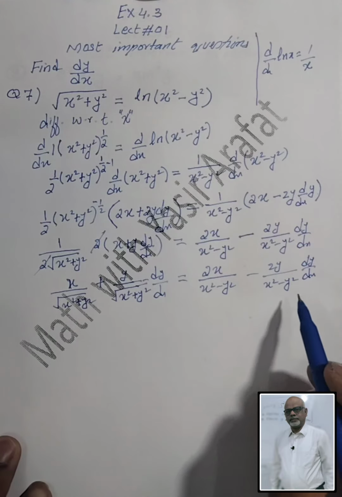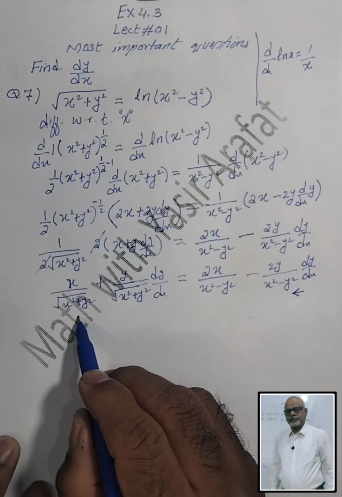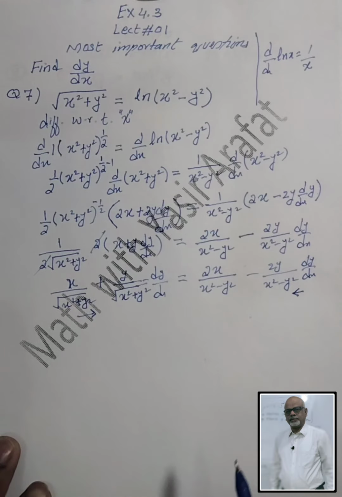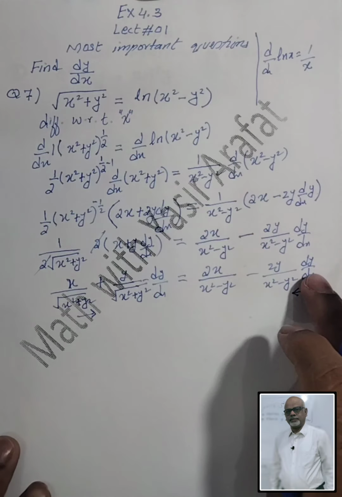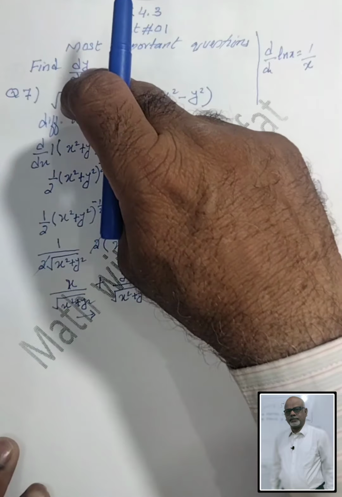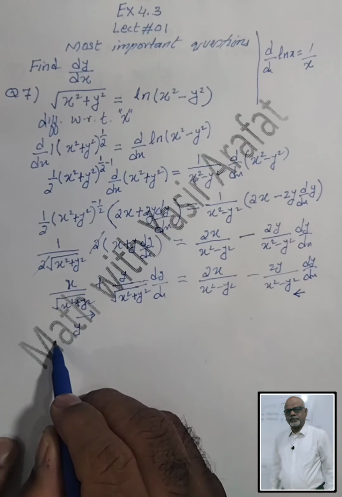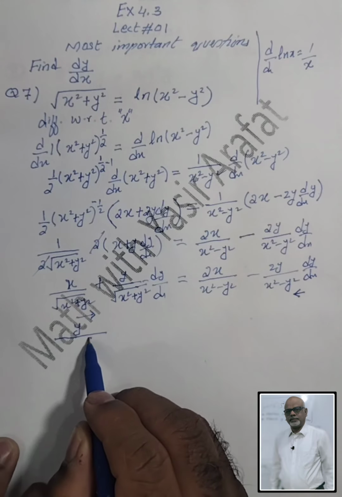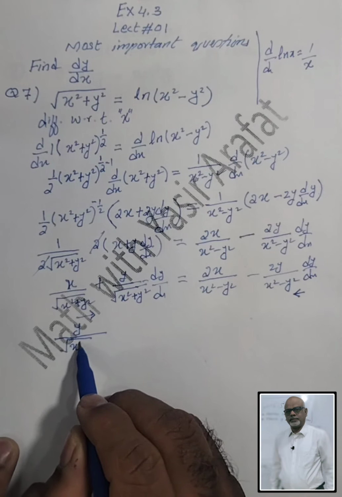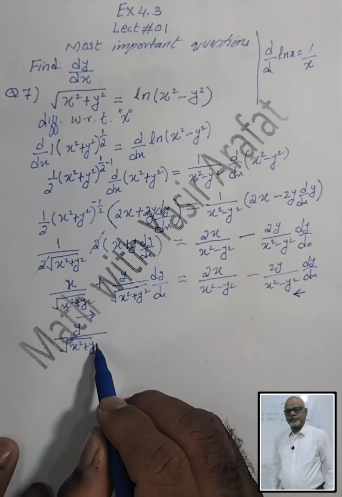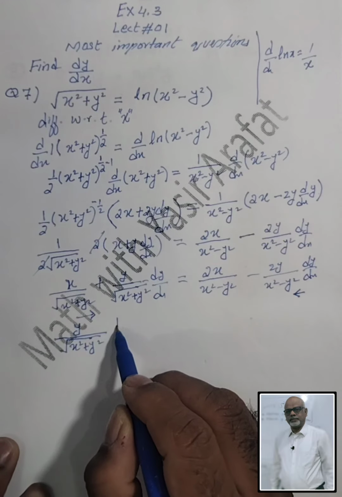Here we have to find out dy upon dx. So this dy upon dx we have to shift out to the left hand side, and this one to the right hand side, because we have to separate dy over dx, our required dy upon dx. So similarly this is y over radical x square plus y square dy upon dx.